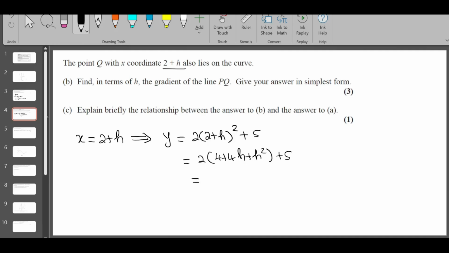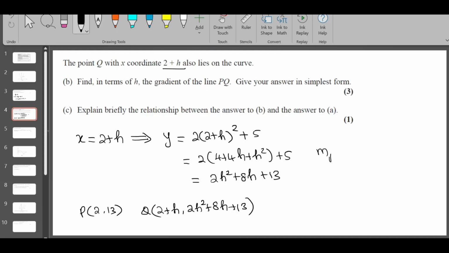So the y coordinate is going to be 2h squared, 8h, 2 4s are 8 plus 5 is 13. So the point Q is 2 plus h, 2h squared plus 8h plus 13. We know P, the point P is 2, 13.